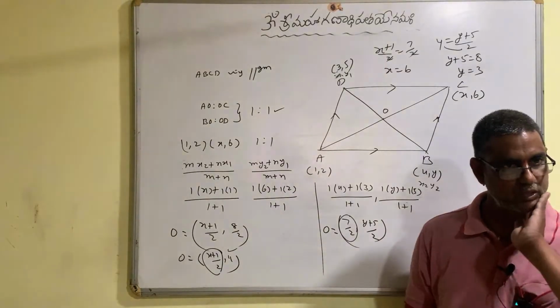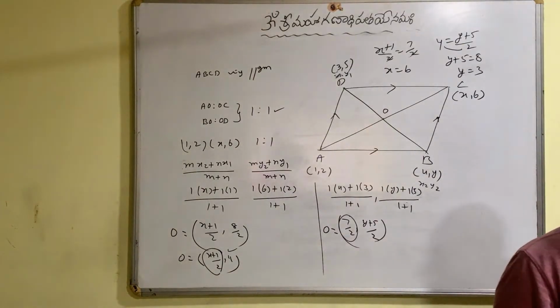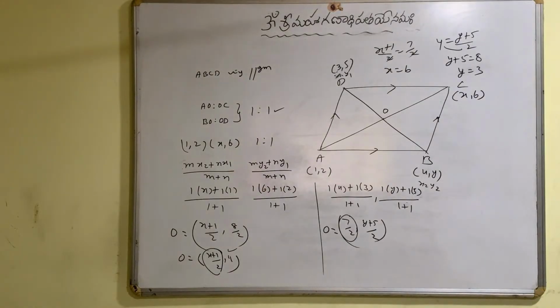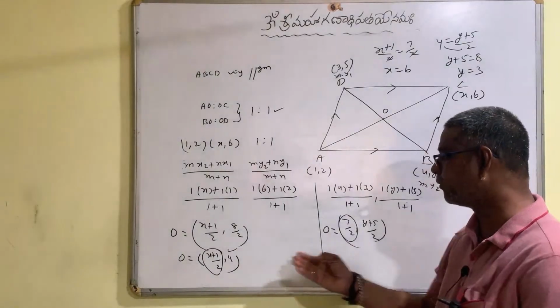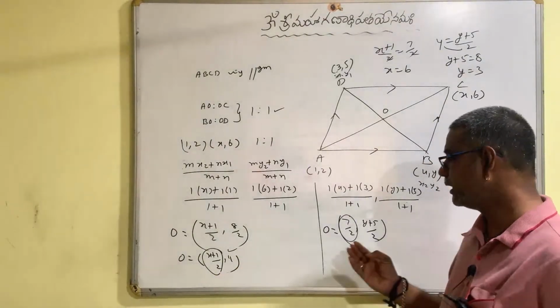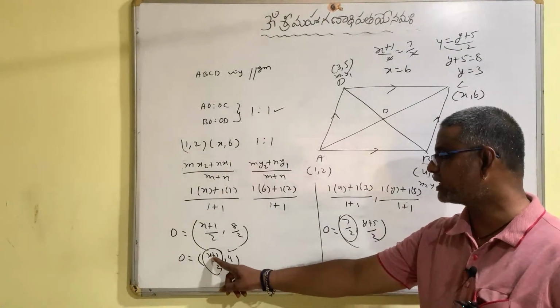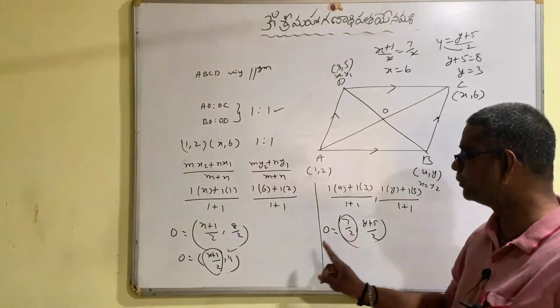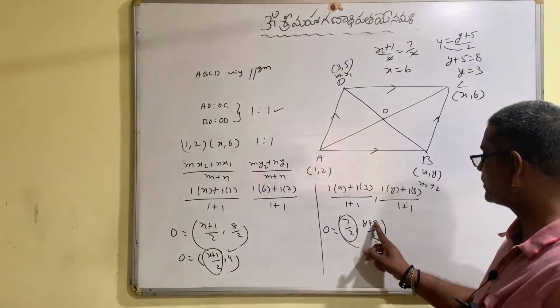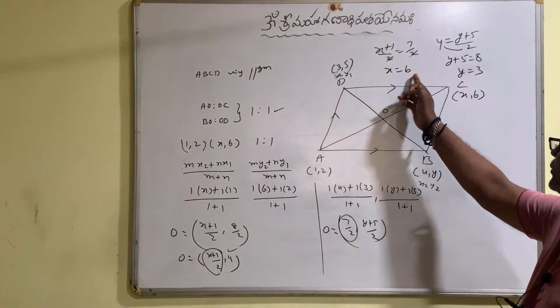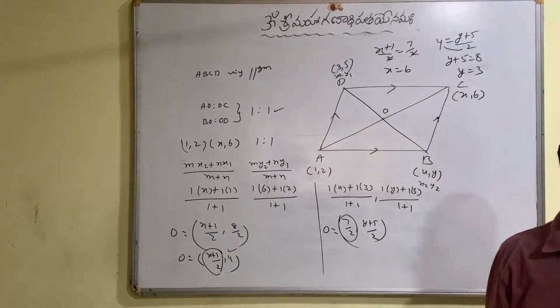Since a point has only one position, we have to consider these two equal. So (x+1)/2 is equal to 7/2, and 4 is equal to (y+5)/2. Then we get x value 6, y value 3.